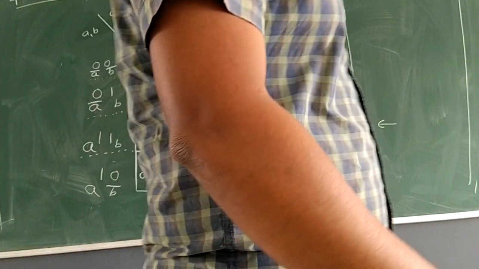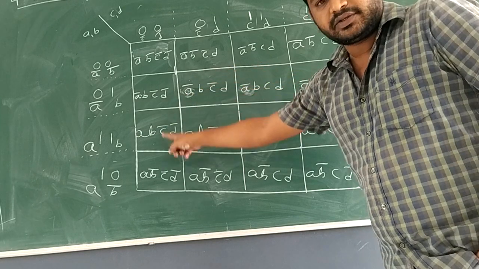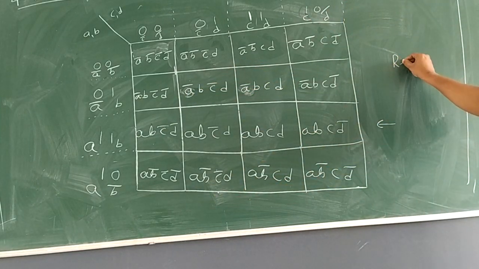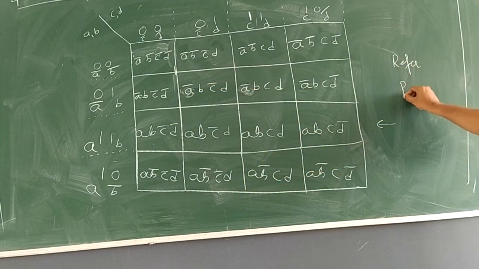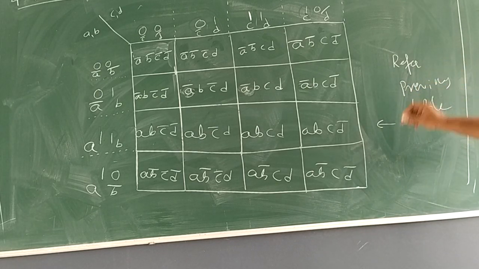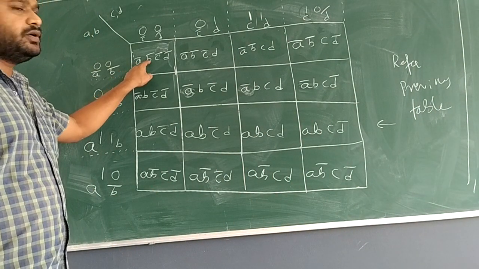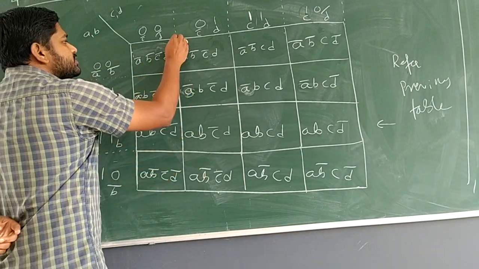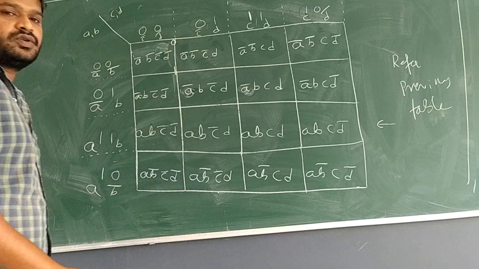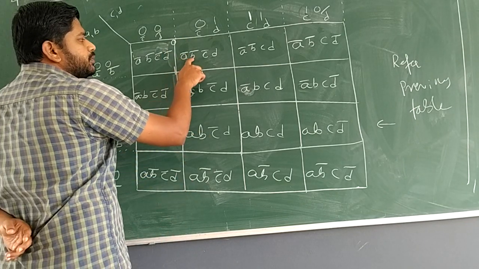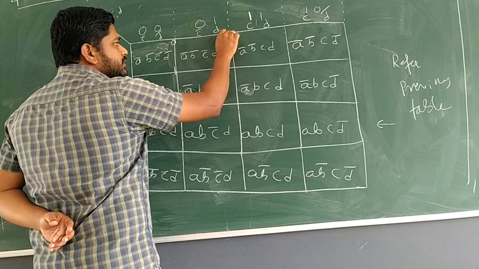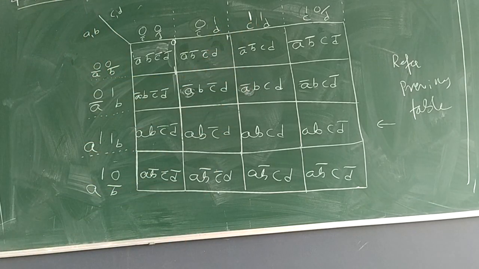Now one important suggestion is, after this, refer to the previous table so that you will get the cell numbers. A complement, B complement, C complement, D complement means the zeroth cell. Then A complement, B complement, C complement, D is 1.